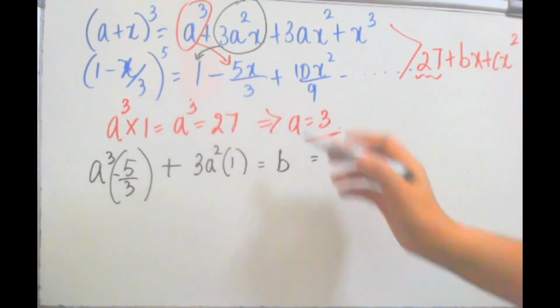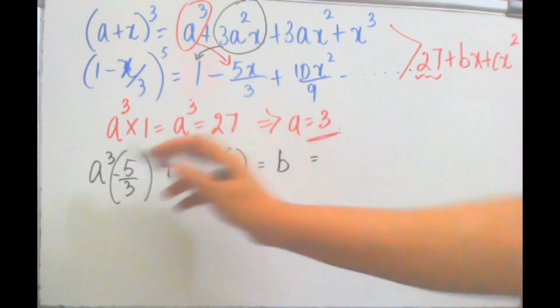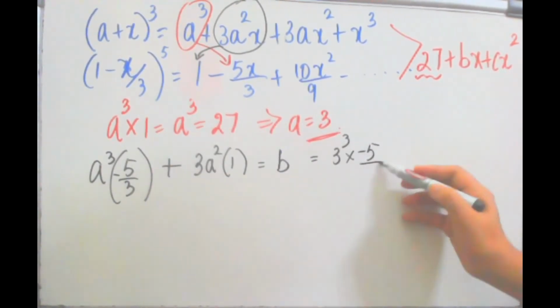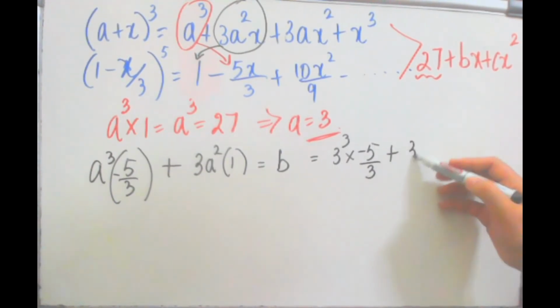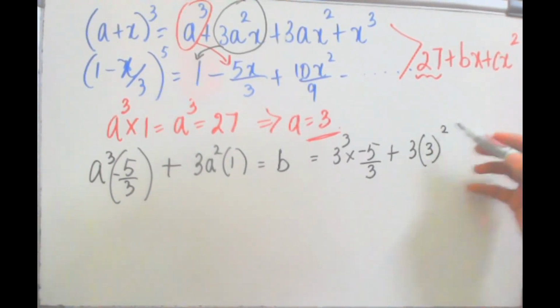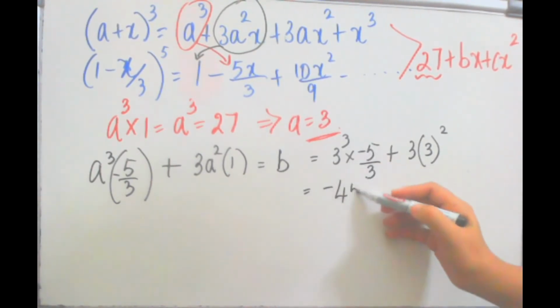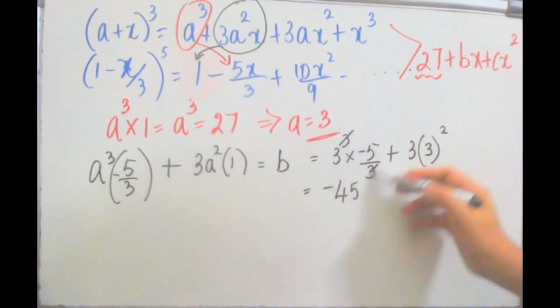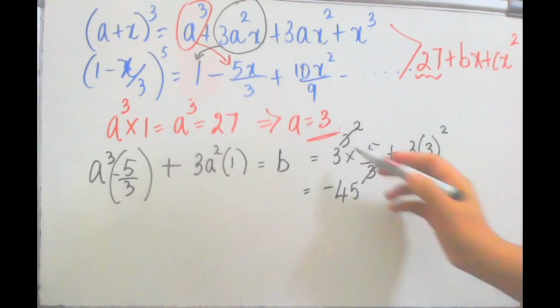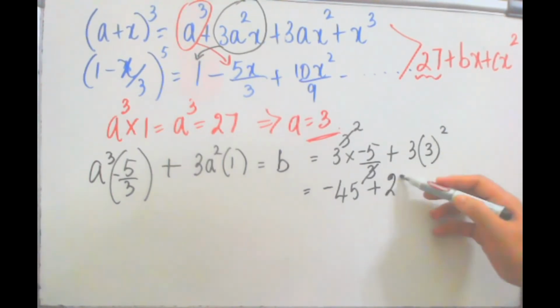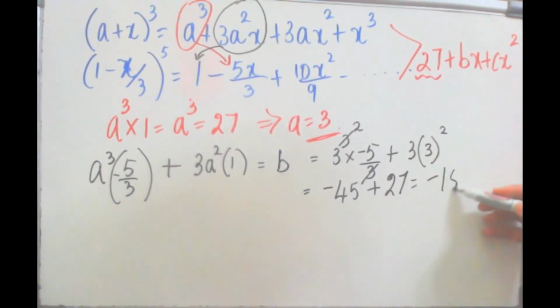So a is 3, so 3 cube multiplied by minus 5 over 3 plus 3 into a square. So it gives us minus 45. 3 cancels with this one, leaving 3 square, 9 into 5 is minus 45, plus 3 cube, which is 27. This gives us negative 18, which is the value of b.